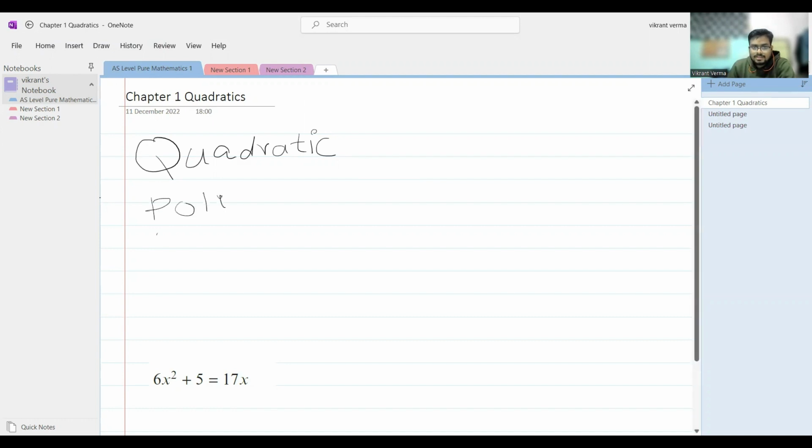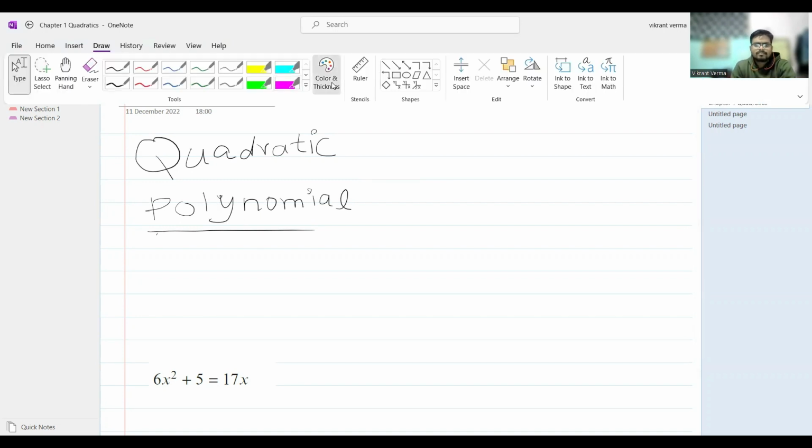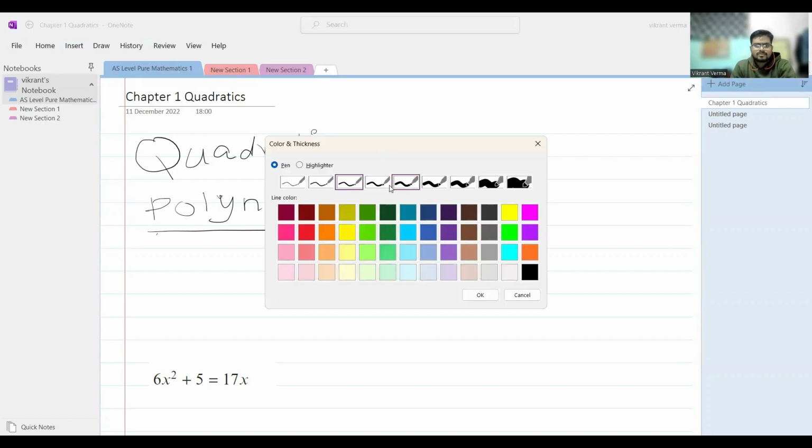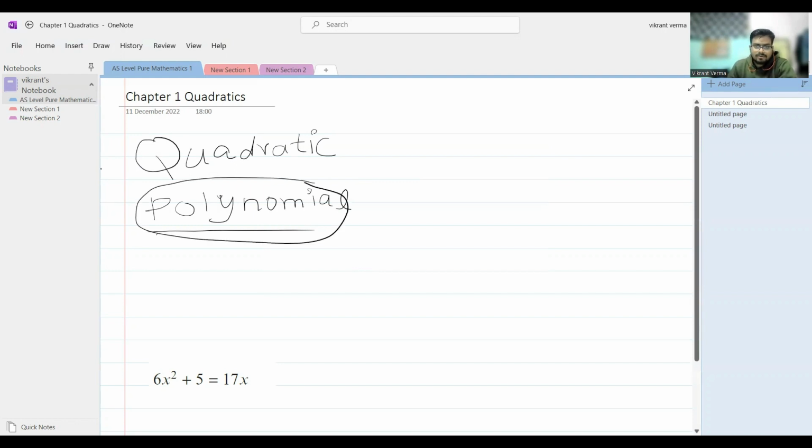So it is one member of a large family, the family of polynomials. It is not that important for you to see what polynomials are right now. We will see them when we proceed further. But for now, you can simply understand that any quadratic equation is just a member of this big family, the family of polynomials.